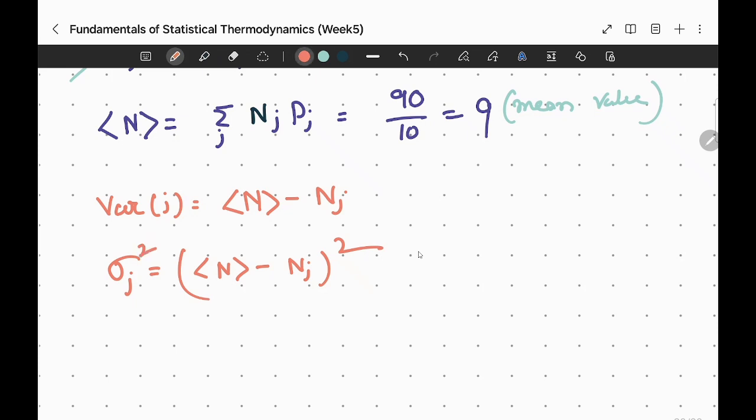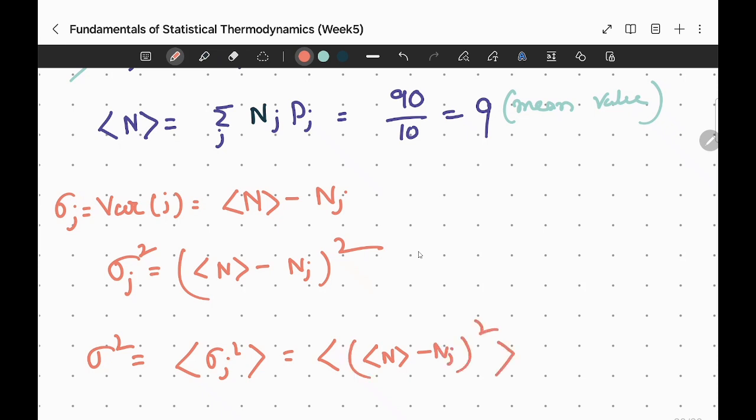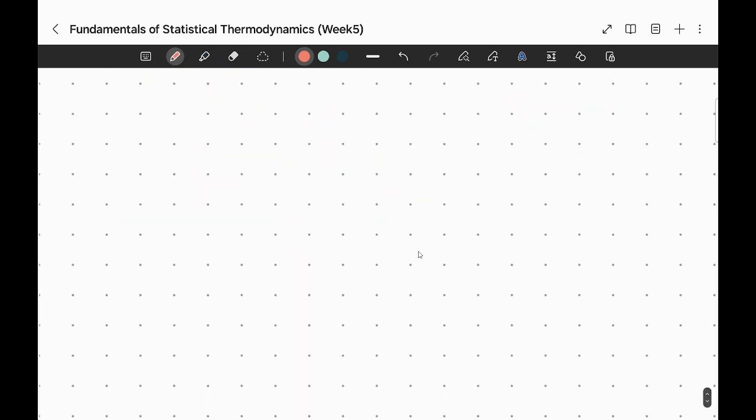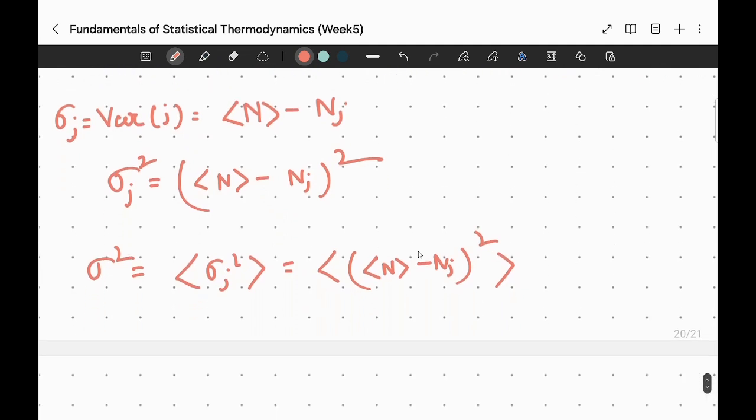Now, to calculate the original standard deviation, you have to just average it. So let's say sigma j is sigma j square, which is essentially nj square.